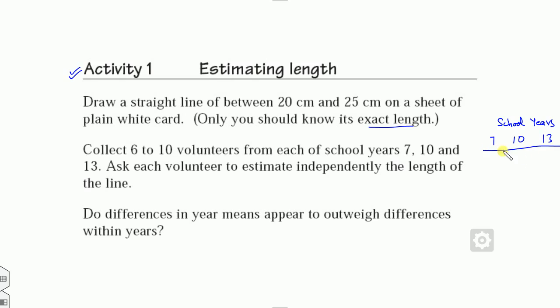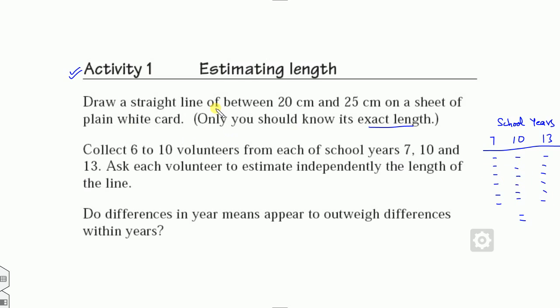Say in year 7 you selected 6 students, for year 10 you selected 8 students, and for year 13 again 6 to 10, and so on, and ask them to estimate the length.